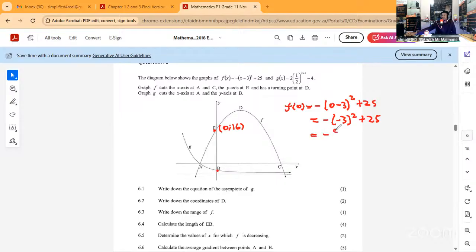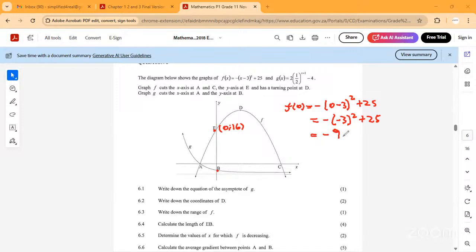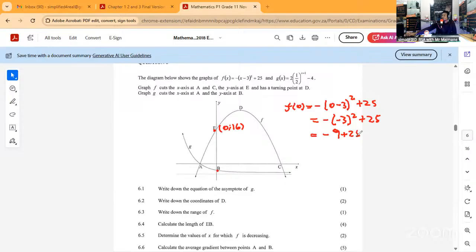So this would be negative 9, because negative 3 squared will be positive 9, but the negative outside will make it negative, plus 25, which means you had 25 minus 9, which is 16.